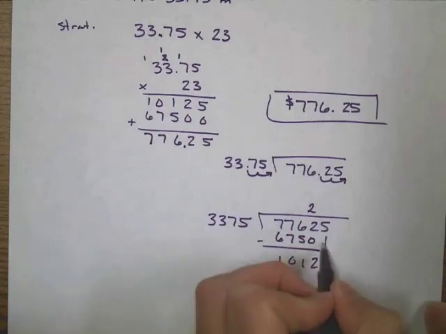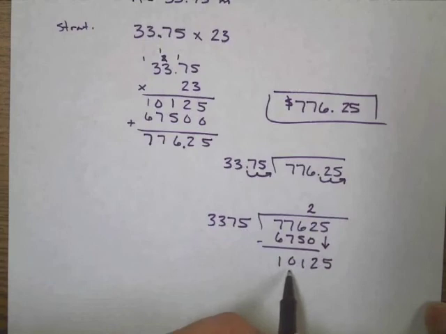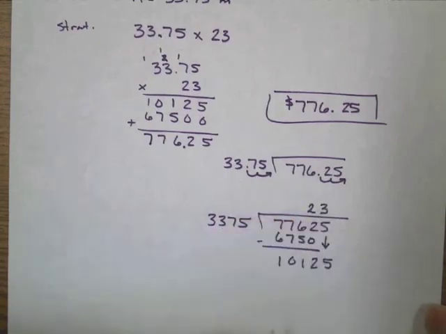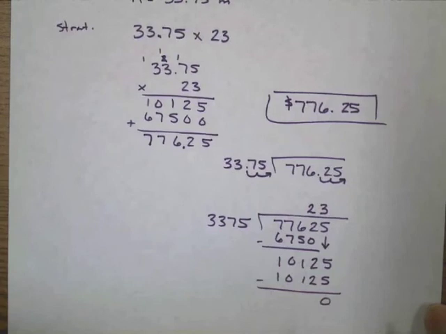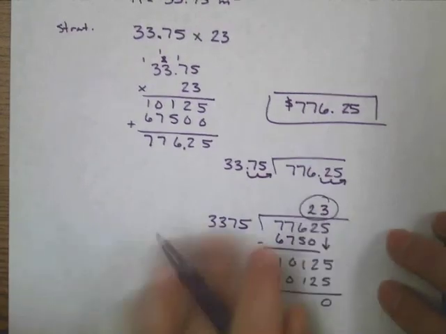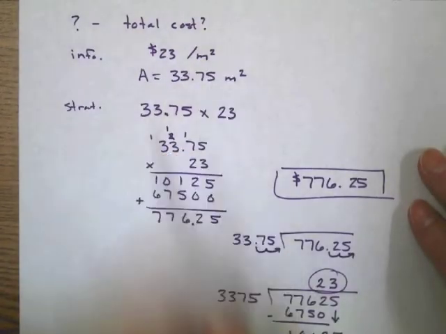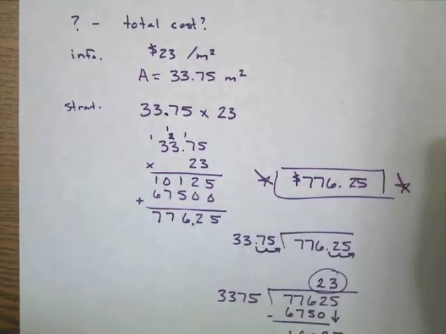This 5 comes down. 3,375 goes into 10,125 3 times. 10,125. 0, and so I end up with 23. And 23 was what I started with as the cost per meter. So my solution of the total cost, $776.25, is correct.